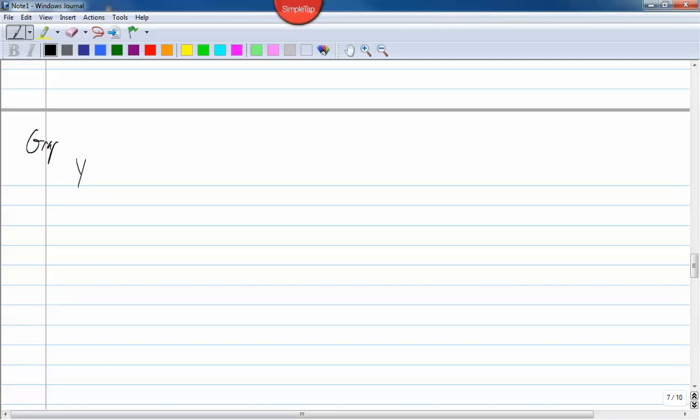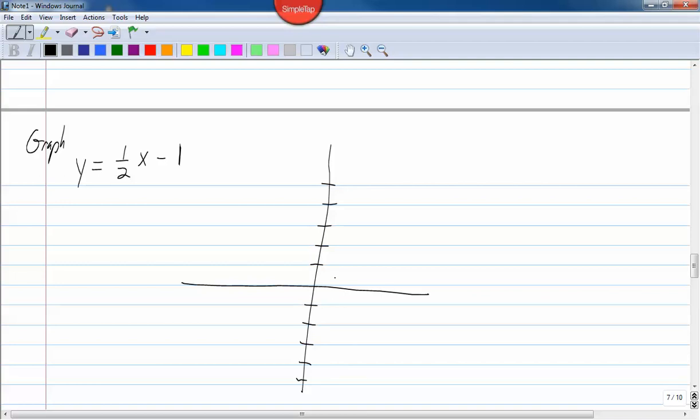Let's say that I wanted to graph y equals 1/2 x minus 1. Alright, so this is probably the quickest way you can graph this type of equation, if I had to guess.